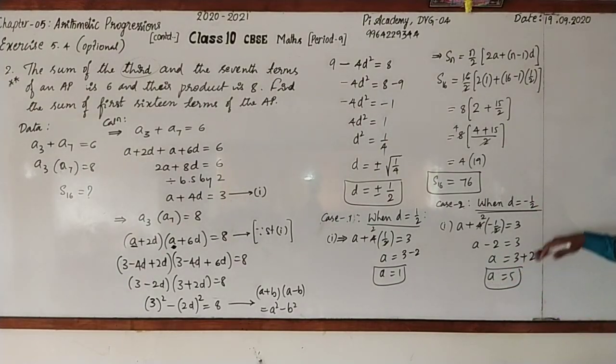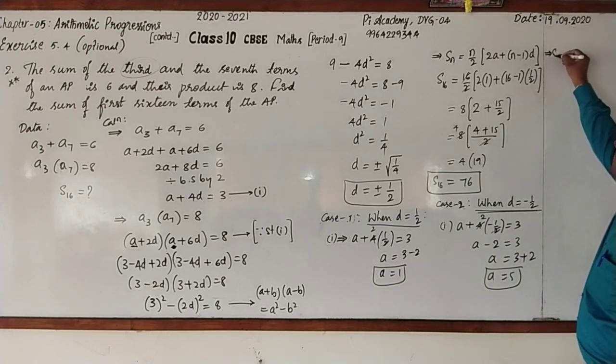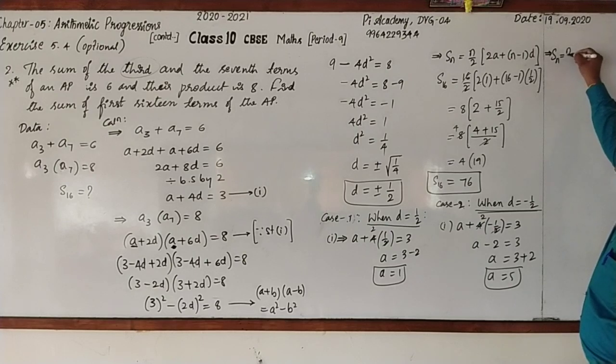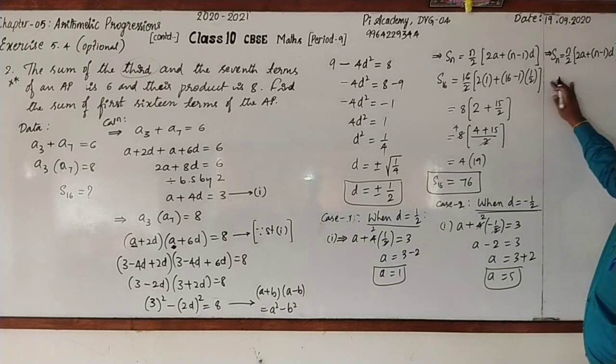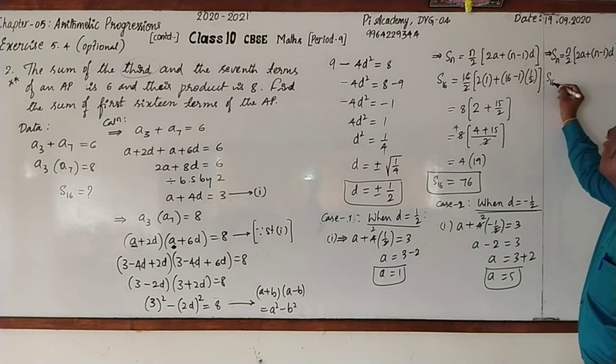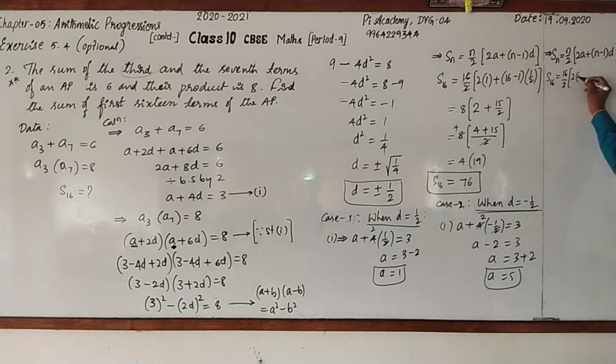If it is so, now let us again find out Sn. That is S16. Here I write Sn equal to same formula, n by 2 into 2a plus of n minus 1 into d. Now it is equal to, what is n? N is 16 because S16 is equal to 16 by 2 into 2 into A is how much? 5 plus of n 16 minus 1 into d.